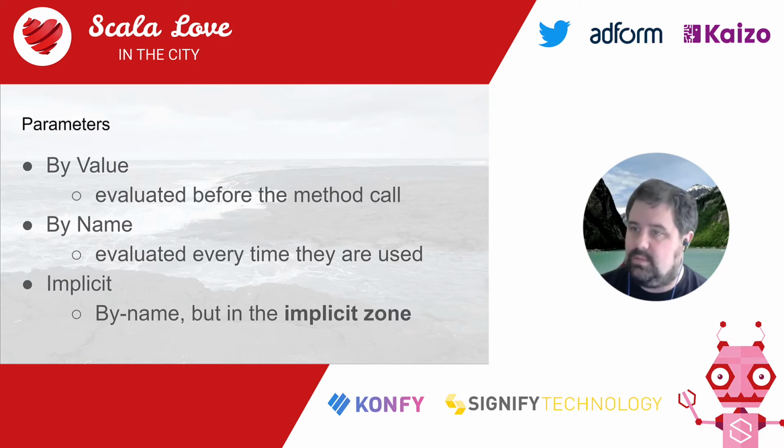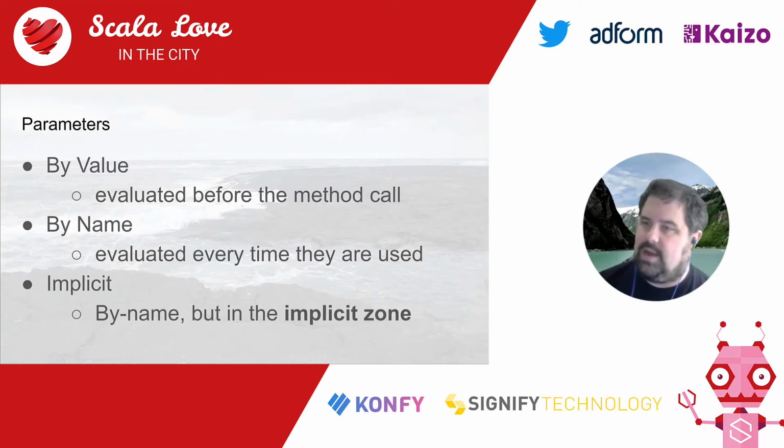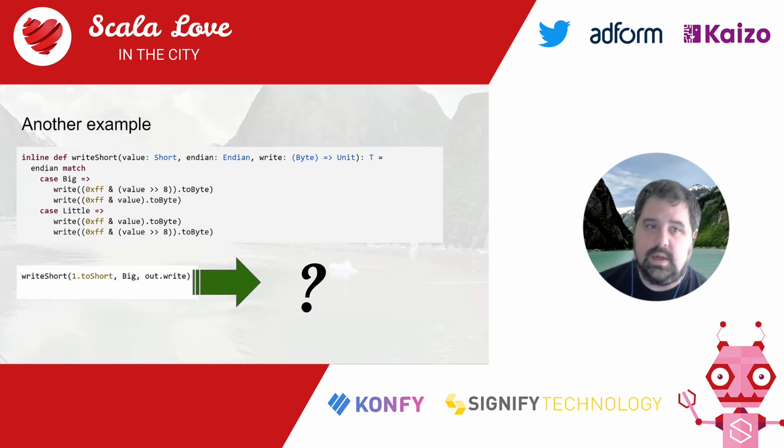And then we have inline, which has the same semantics as by name, but you're in this inline zone, which means you have access to the whole syntax tree. It means you can do a little bit more than you can with by name, and we'll talk about the inline zone.